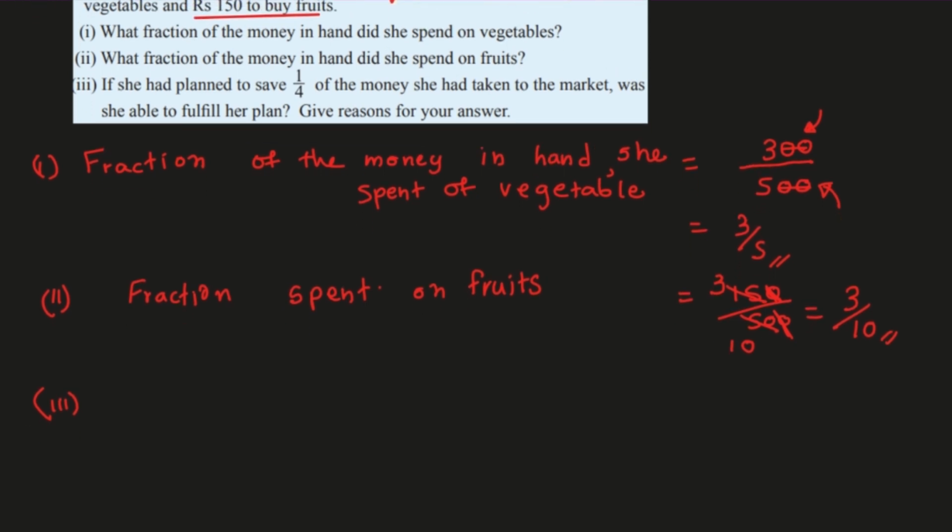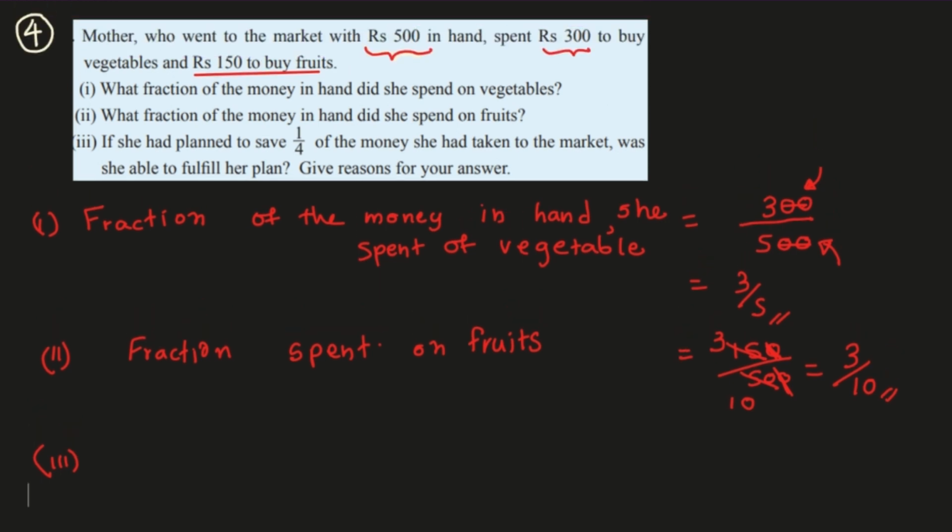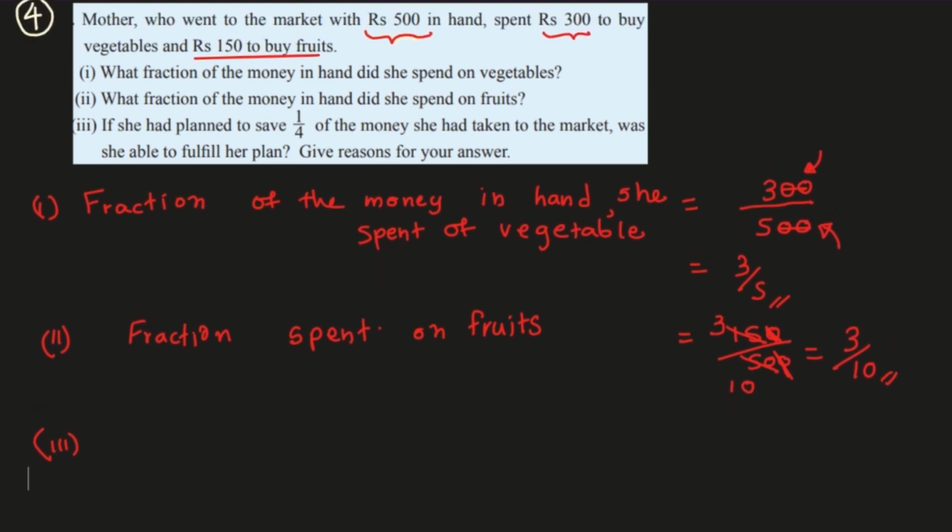So, we know the total amount she had spent on vegetables and fruits, so let's check the remaining amount against one upon 4.